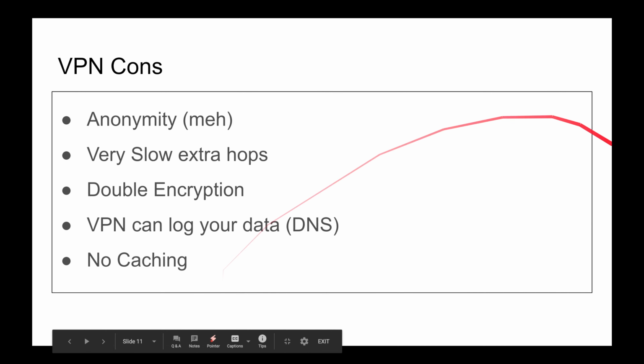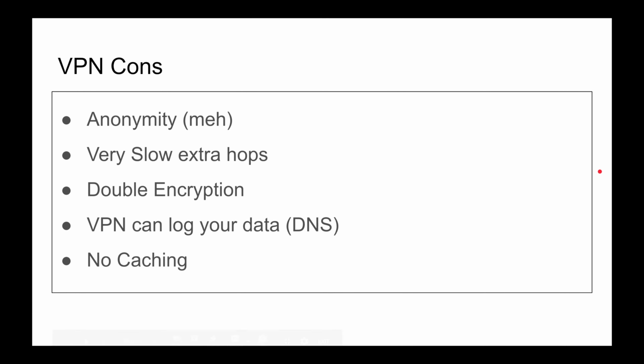And VPN can't log your data. Well, let's pause there. VPN can log your data, right? If they can see it. They can log pings because they are unencrypted. They can log DNS requests, like, hey, I want to go to youtube.com or google.com or the whitehouse.org, is it org?